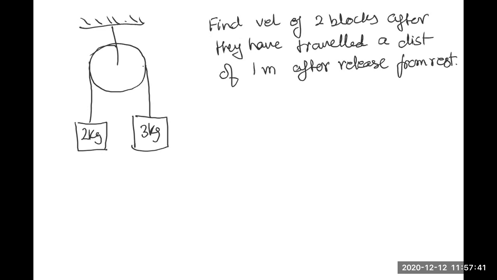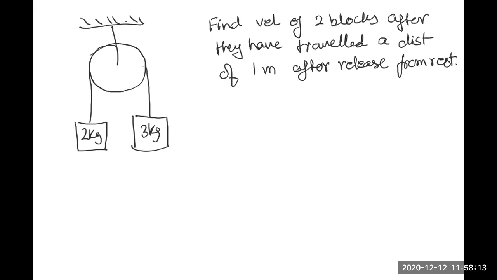How will I do this problem if I did not know work energy theorem? Well, I will say that this is an Atwood machine, so I know the acceleration of the 2 blocks. I will figure out the acceleration, and since the acceleration will come out to be constant, and since the initial velocity is given to me as 0, I will simply apply the kinematic equations of constant acceleration.